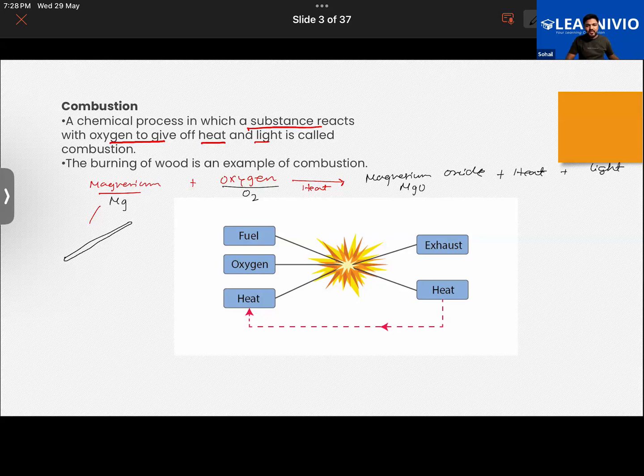Okay, see, magnesium ribbon is used in construction purposes. Particularly, it is used in order to weld two metal objects. It is used in welding. Is magnesium strong enough to stick those two things?